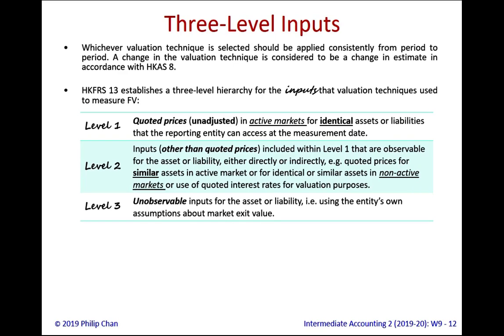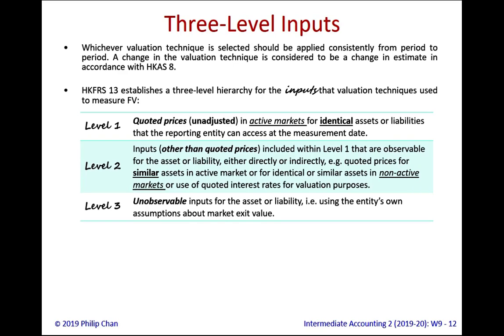Okay, level 2: inputs other than quoted prices included within level 1 that are observable for the asset or liability, either directly or indirectly, e.g. quoted prices for similar assets, this time not identical, in an active market, or for identical or similar assets but not in an active market, or a quoted interest rate used for valuation purposes.